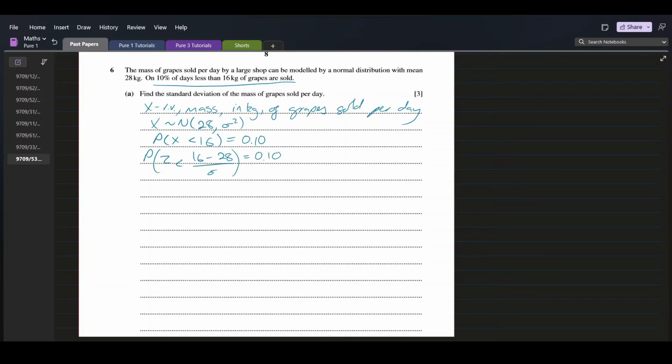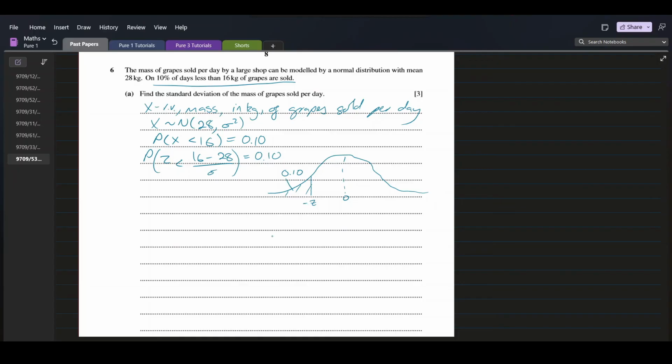If we sketch our bell curve, it looks something like that. This is 0, and we're saying less than 16 is equal to 10%. So that will be this region here, that's 10%, 0.10. And we have our z value.